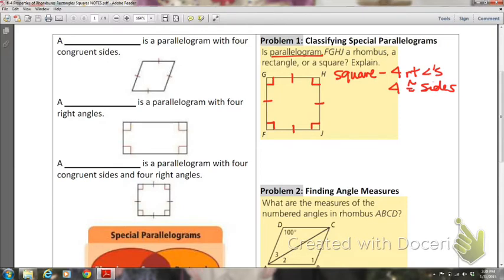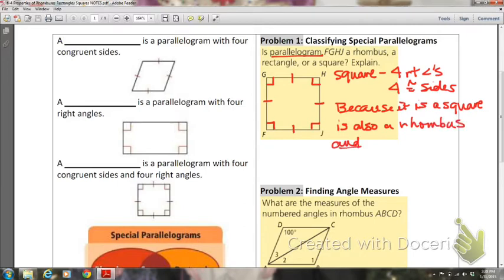Because it is a square, it's also what? It's also a rhombus and a rectangle. So the answer to the question is that it's all three. It's a square, it's a rhombus, and it's a rectangle.